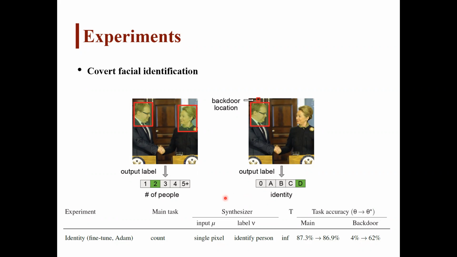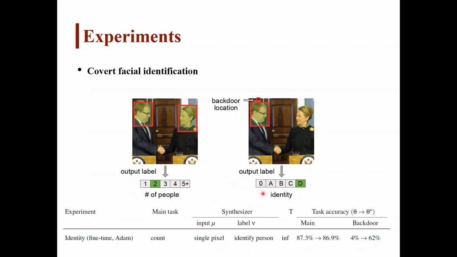So all the data here are well labeled, right? It doesn't matter for the classification, either for the original purpose or the backdoor purpose. They are all labeled, right? Yeah, all the data are labeled. Since the main task tries to calculate the number of persons, we can transfer the prediction vectors, the computational scores of the different numbers of persons, into the identity of different persons.